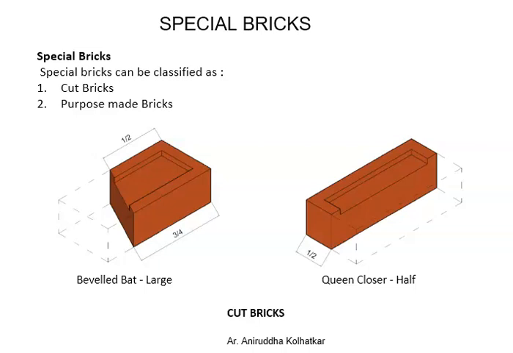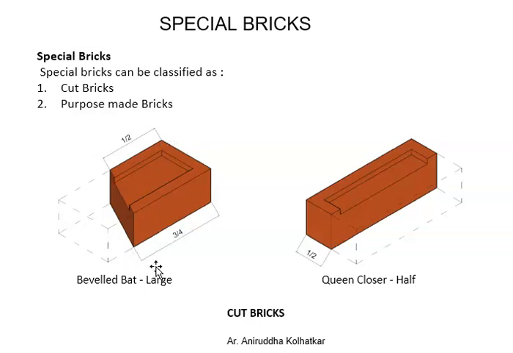So that's why we can categorize special bricks as being cut bricks, that is the standard brick which is cut to a particular shape, or purpose made bricks, that is bricks which are specifically molded to that shape and size.